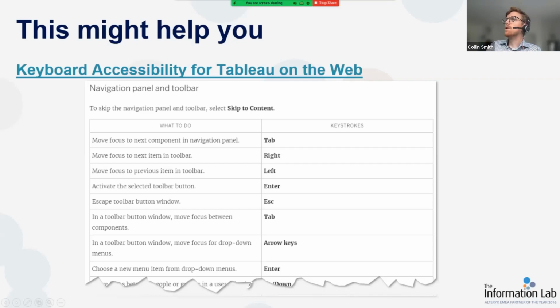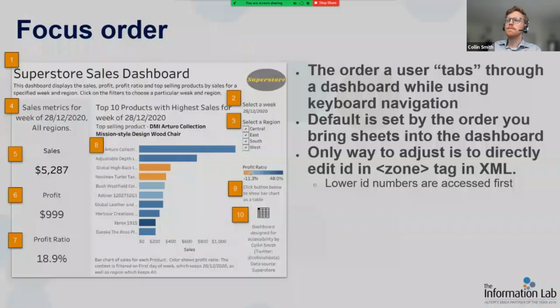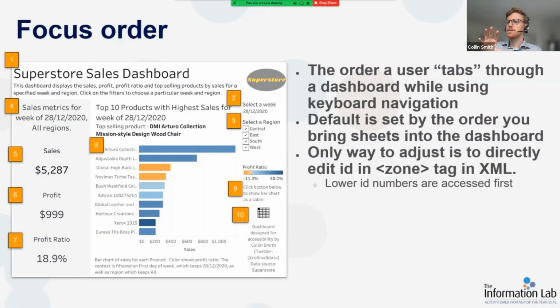Let's talk a little bit more about focus order now. So you've seen the example, how that little blue focus box jumped around my dashboard. The order that we move around a dashboard as we press that tab button is called the focus order.